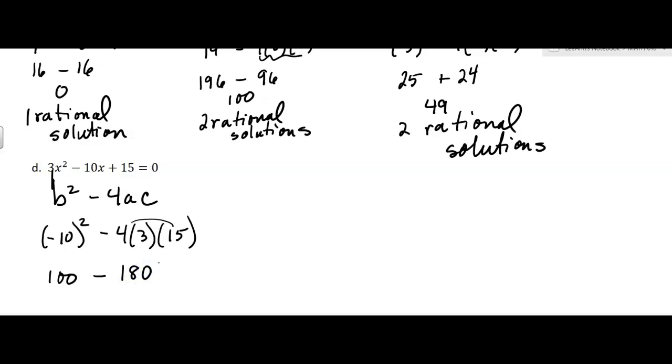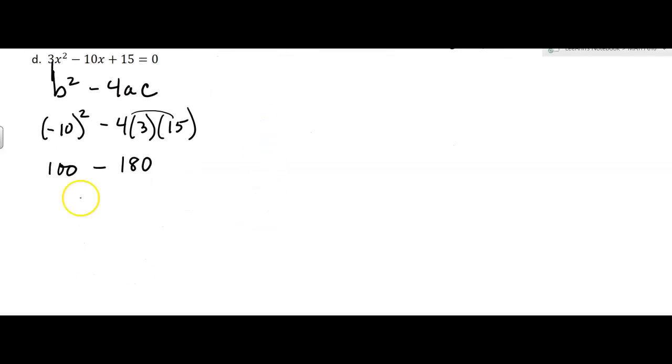Okay, so I'm getting a negative 80. So you're getting two complex, I would prefer that we say imaginary, solutions. Okay, so that's what you do with the discriminant.